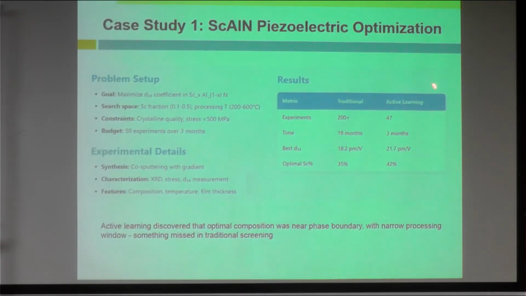But here, because of active learning, the composition is optimized, and you can get a much better value than what can be obtained from the traditional process. The optimal percentage of scandium is 35% in the traditional way, and here it is 42%. Active learning discovered that the optimal composition was near a phase boundary with a narrow processing window, something missed in the traditional screening. The traditional screening might not be able to optimize accordingly.